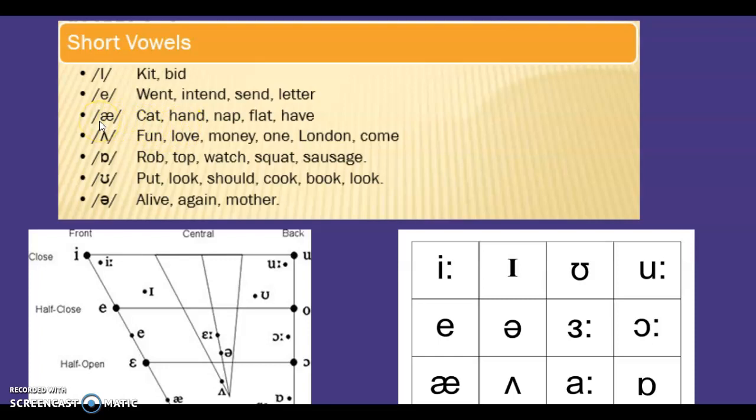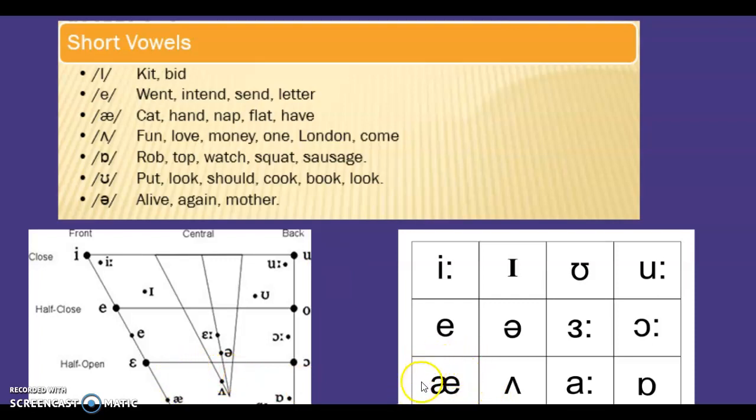Okay, it's your turn now, you repeat. Eh, cat, hand, nap, flat, have. Okay, as you can see, this vowel, you have it here and you also have it here.